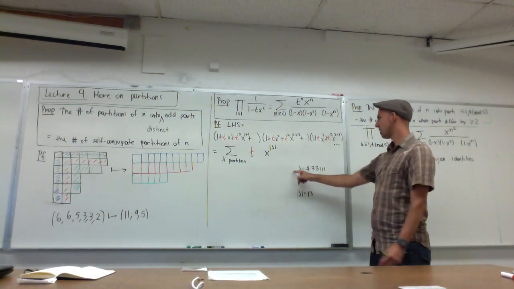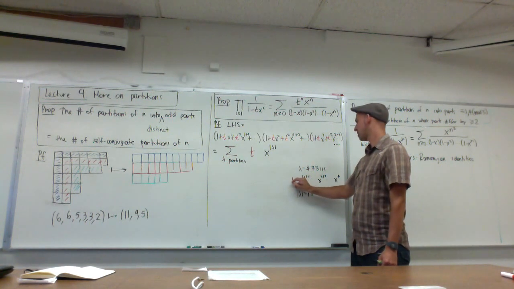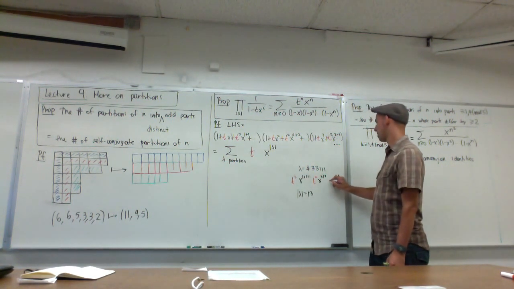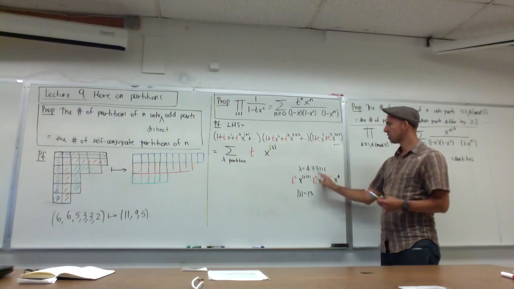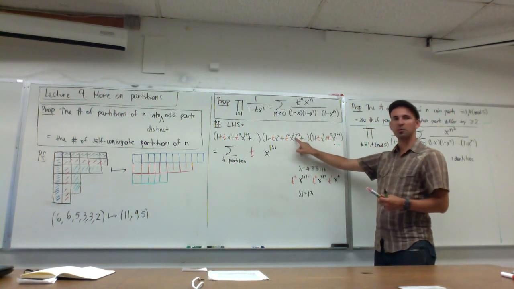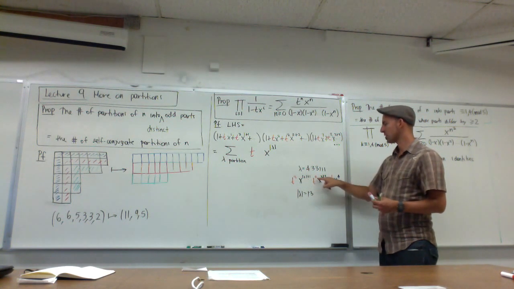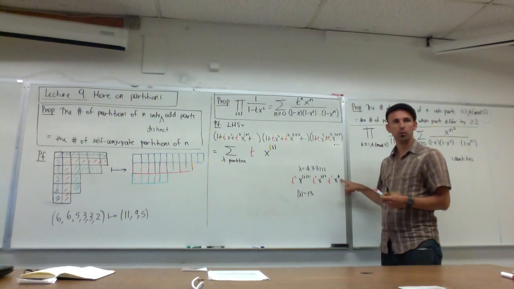So what is the t in this case? Well, we can see that here, this guy has a t cubed in front, this guy has a t squared in front, and this guy has a t to the 1 in front. And the exponent of t, you see, is actually just the number of parts that you have. So here I have a 3 because I have 3 1s, here I have a 2 because I have 2 3s, here I have a 1 because I have 1 4.